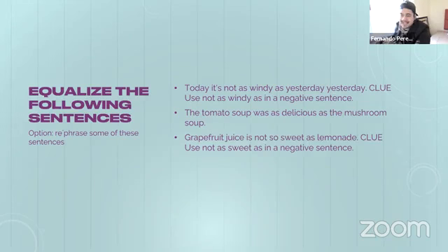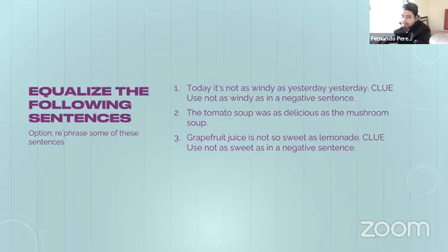You need to use as and as. Okay? So let's talk about number 1. It says number 1. Today it's not as windy as yesterday. Clue. Use not as windy as in a negative sentence. Okay? Today it's not as windy as yesterday.